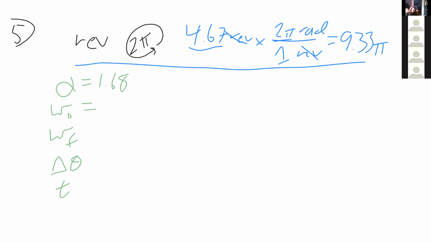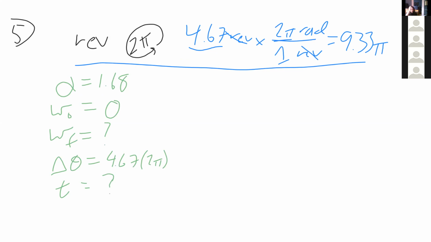My omega initial, if I am starting from rest for the first part, will be 0. I don't know omega final. I do know my delta theta will be 4.67 times 2 pi for my 4.67 revolutions, and I don't know time.